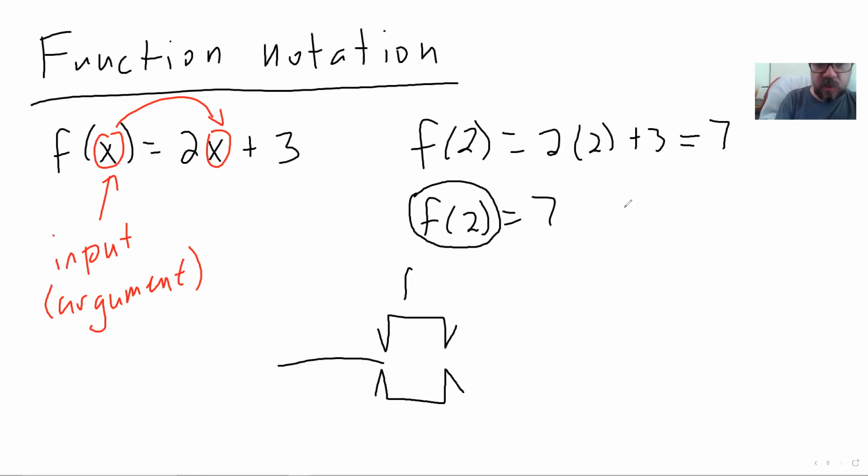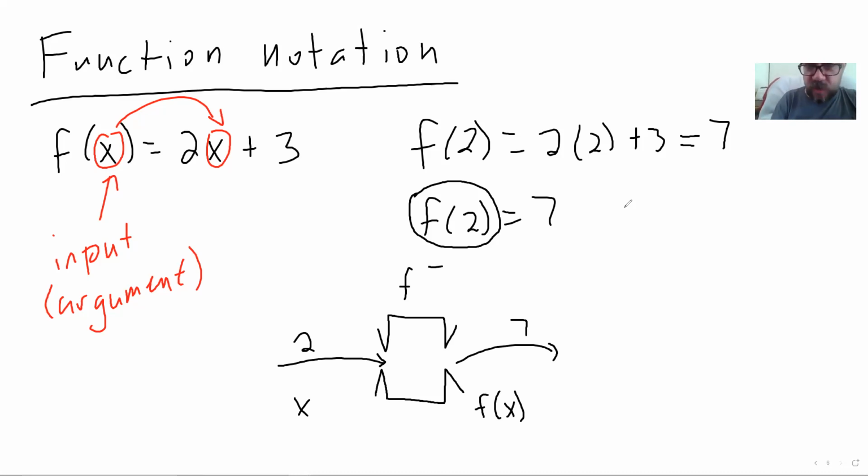In this case, I put 2 in, and I got out 7. So this is x, and then we do f to it, and we get out 7. So f of 2 is not 2. f of 2 is 7. 2 is just the input.